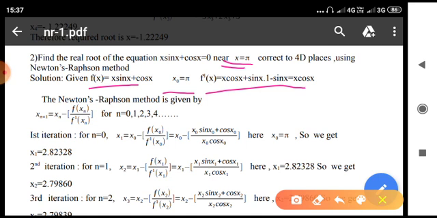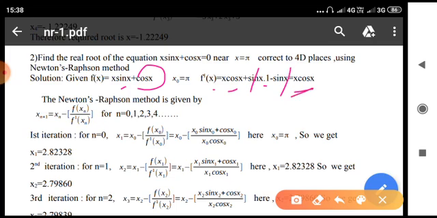First function is x, derivative of sin x is cos x, plus second function sin x, derivative of x is 1, plus derivative of cos x, which is minus sin x. So plus sin x minus sin x cancels. The remaining part is x cos x. So f dash of x is x cos x.